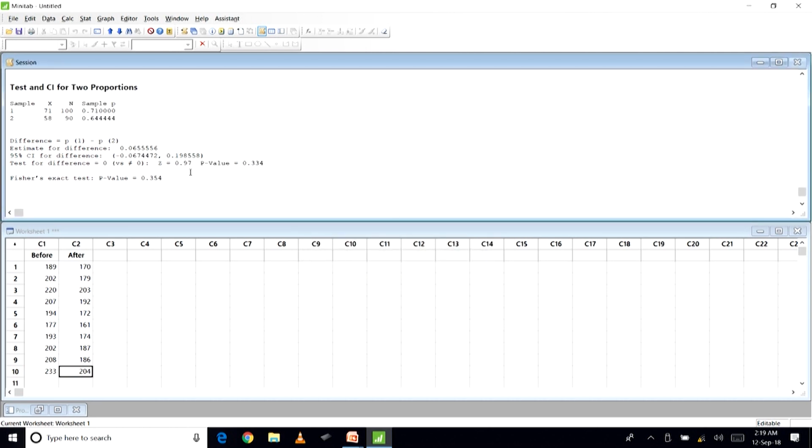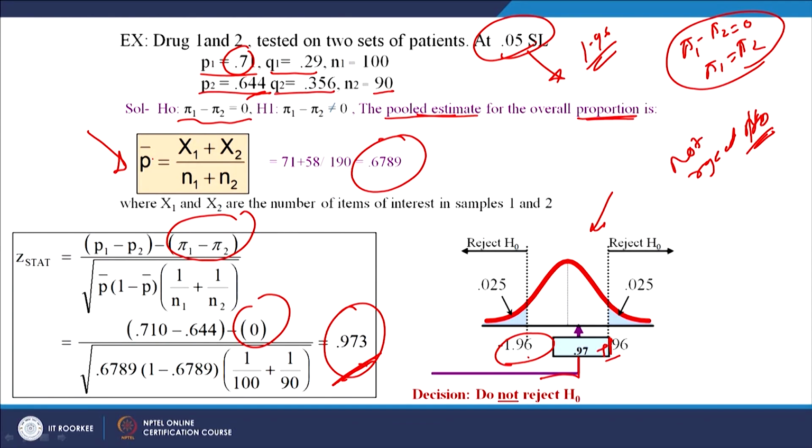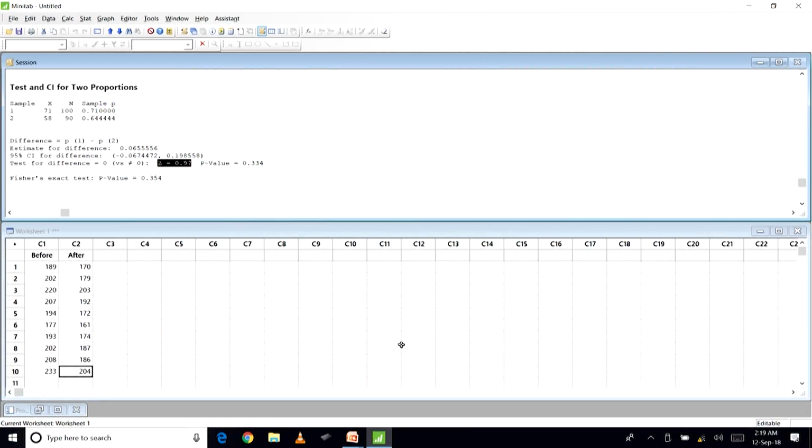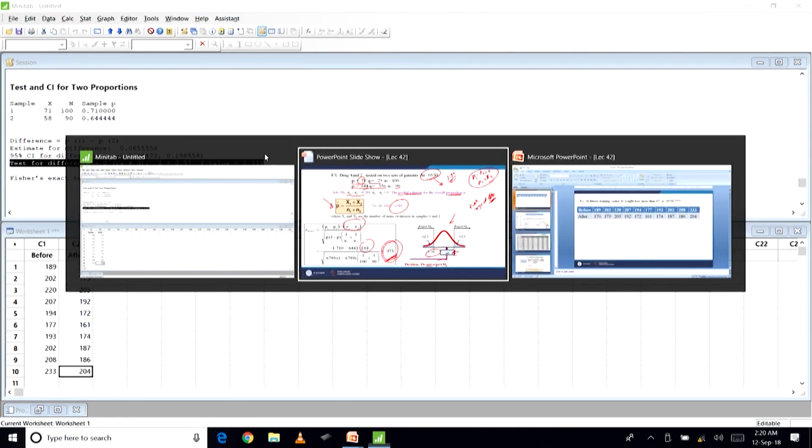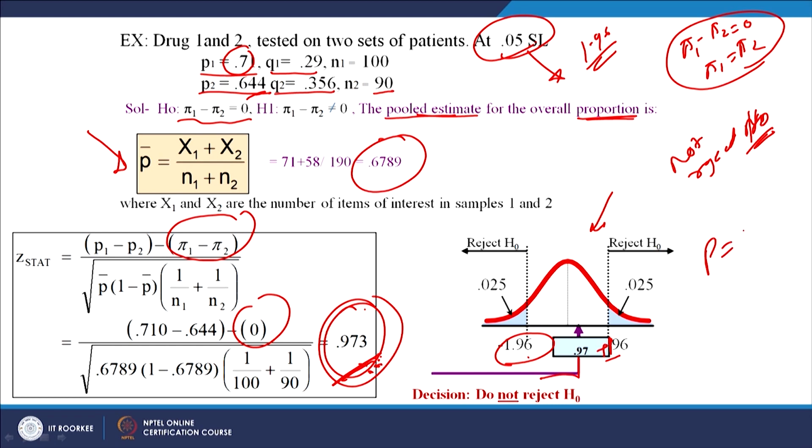The Z value we are getting here is 0.97, which is the same as when we calculated it by hand, right. Now, the P value is 0.334. P value is 0.334, alpha is 0.05.